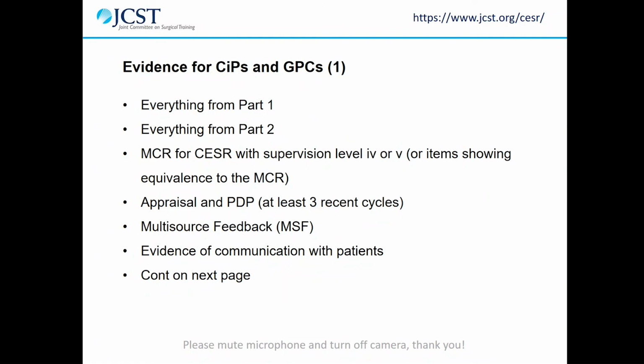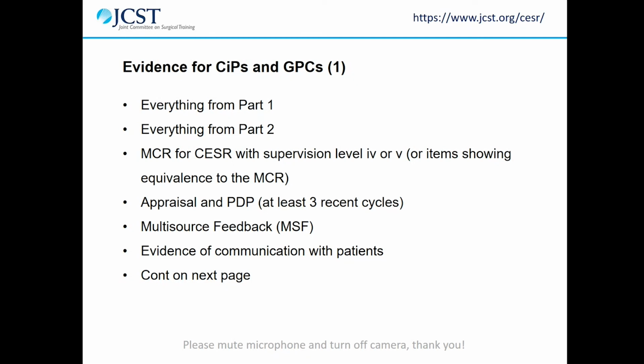So this is really how it all fits together. How do you provide evidence for the outcomes, the capabilities in practice, and the generic professional capabilities? That is a collection of everything from part 1, everything from part 2, and an MCR for CESR with a supervision level of 4 or 5.